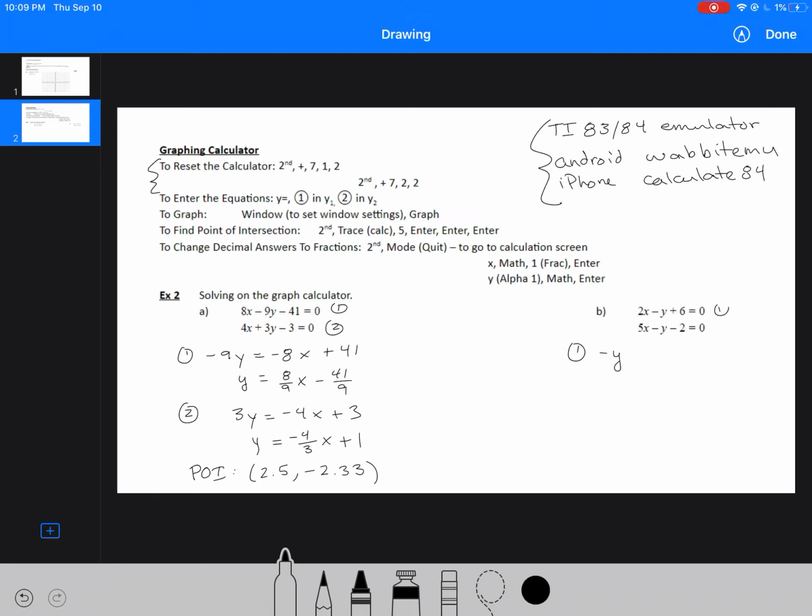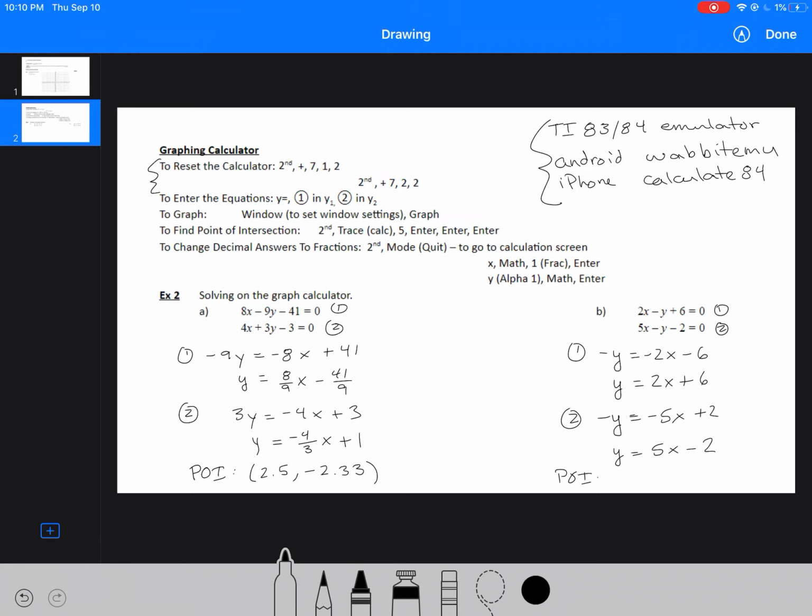So I'll start off the same way here. Equation 1, equation 2. 2x plus 6. And then the second equation, we would end up with minus 5x plus 2. And then we'd end up with 5x minus 2.